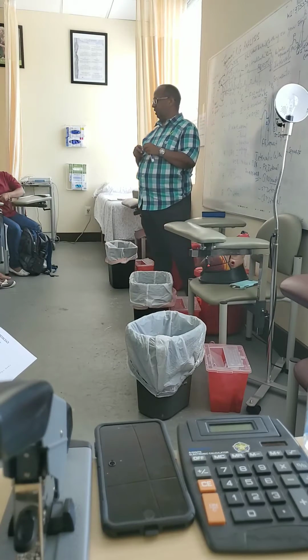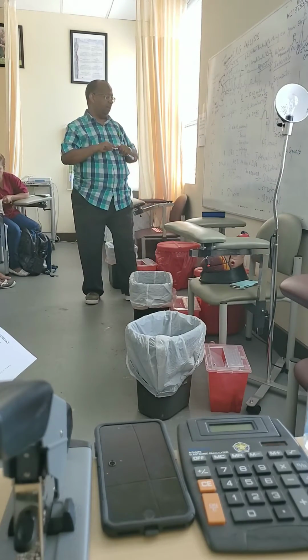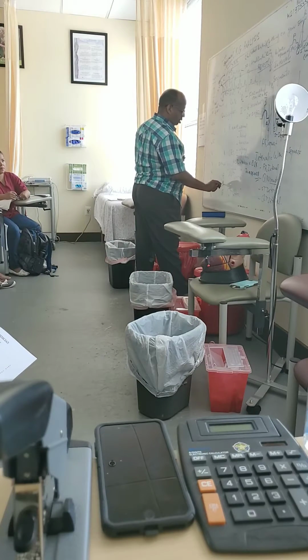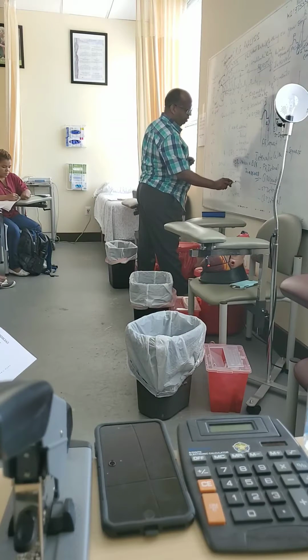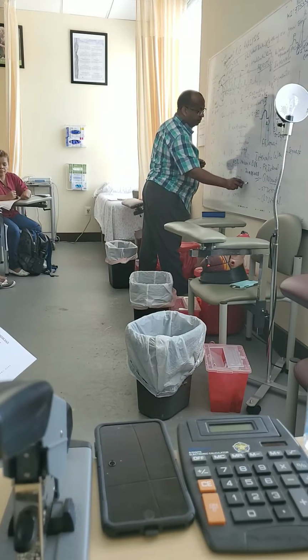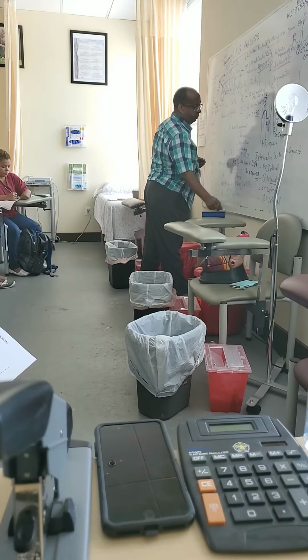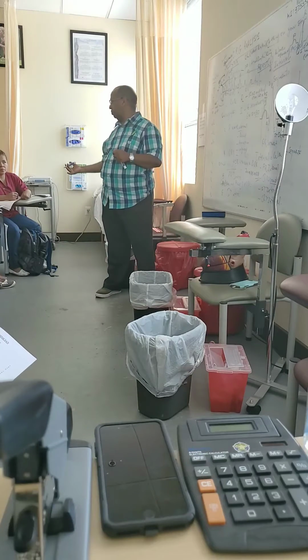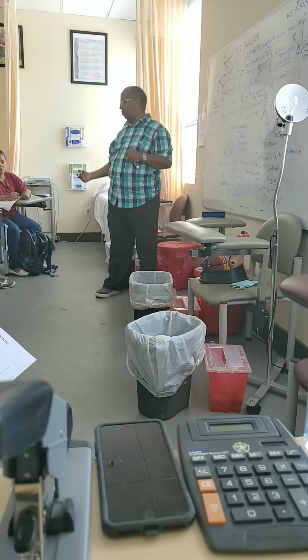Okay, so how many little boxes do you have? Count the little boxes from the beginning of P to the beginning of Q, and multiply these boxes by 0.04, because each little box is again how many seconds? 0.04 seconds. So how many boxes do you have? 3.